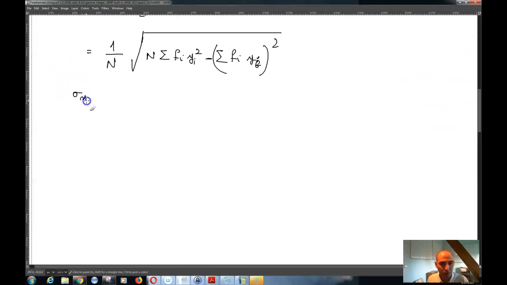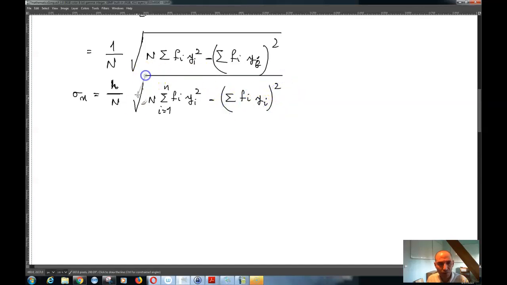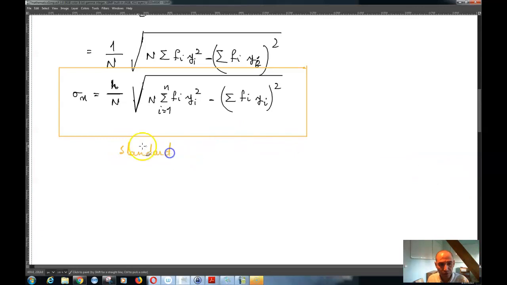The standard deviation of variable x is equal to h over n, the square root of n times sigma f of i y of i squared, as i goes from 1 to n, minus sigma f of i y of i whole squared, and that is the standard deviation of variable x in terms of y of i.